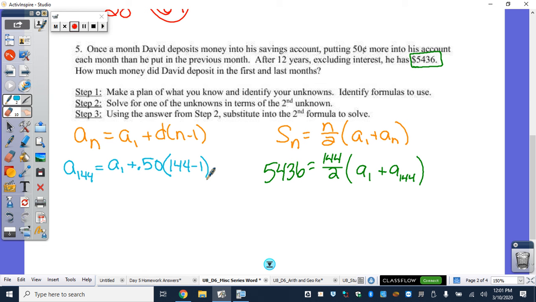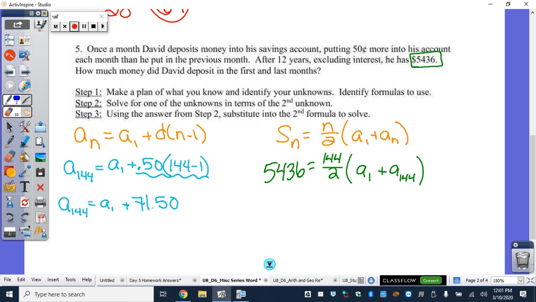So we can simplify this stuff over here. 50 cents times 143 gives us what? 71.50.